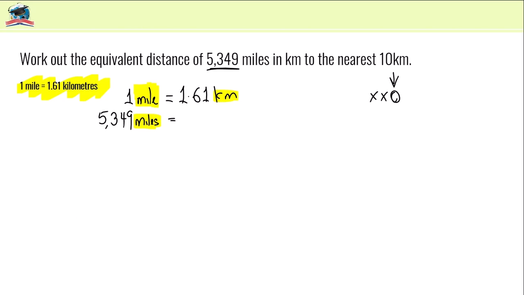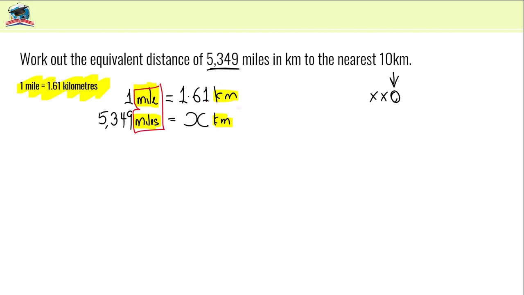Because we're told to find it, we're going to call it X. So it's going to be X kilometers. Here we have miles on this side, and here we have kilometers on this side. Good. So let's proceed.